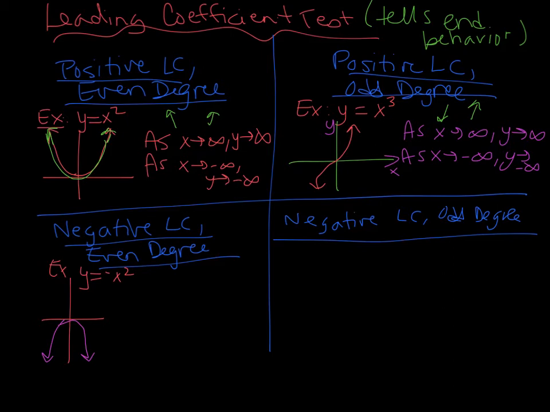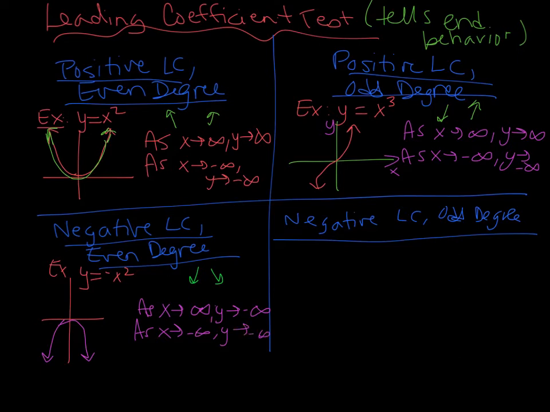You might see it written like that with two downward arrows. And if you were to write this out, we would say as x approaches infinity, y approaches negative infinity, and as x approaches negative infinity, y also approaches negative infinity.